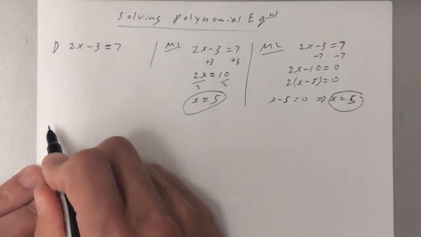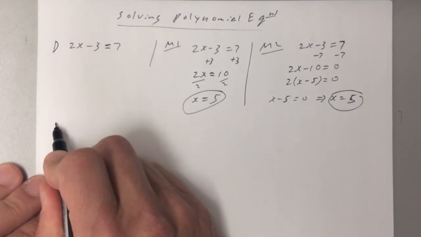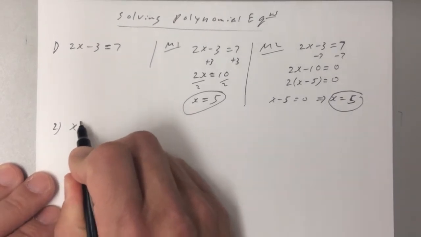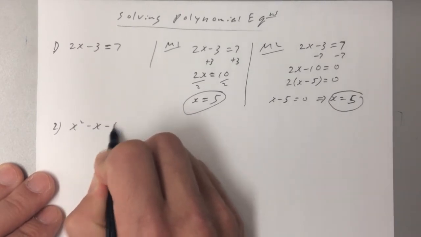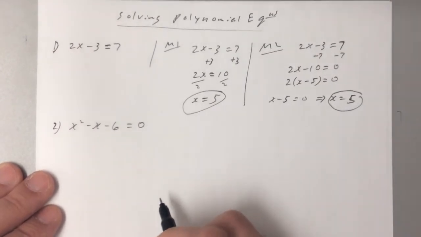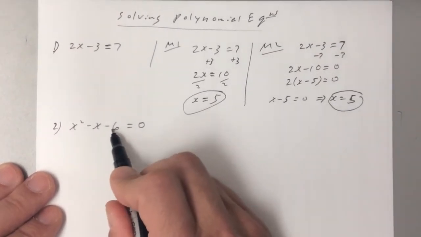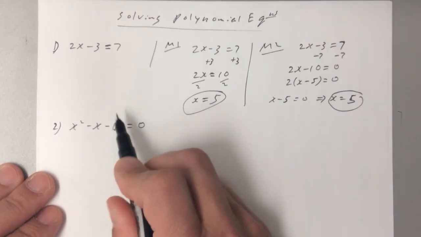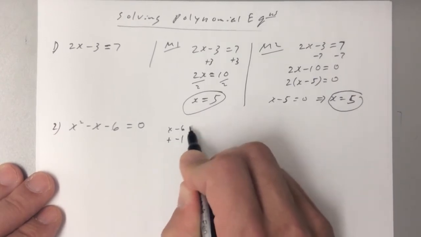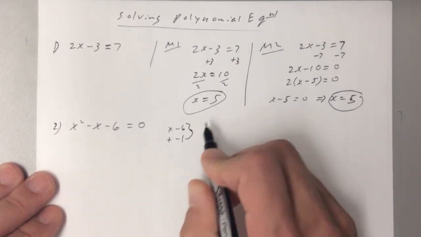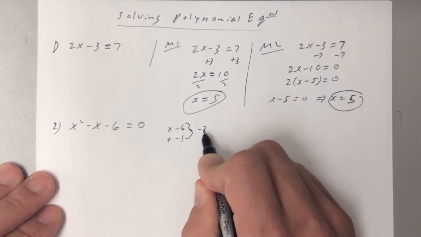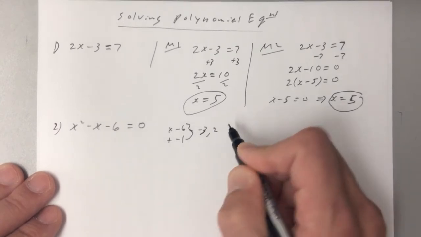Now, if we look at the second example here where it's a quadratic, so we've done this before as well in grade 10 and 11: x squared minus x minus 6 equals 0. If you want to solve this, we need to factor it. So two numbers that multiply to negative 6 and add to negative 1. Well, those numbers are going to be negative 3 and positive 2.